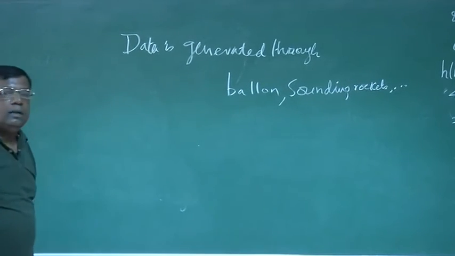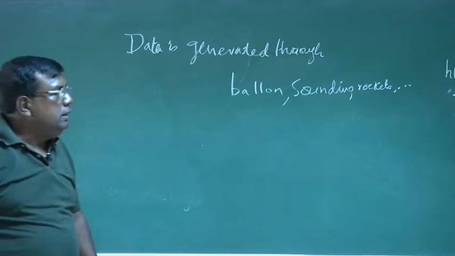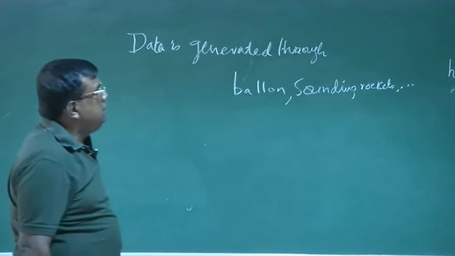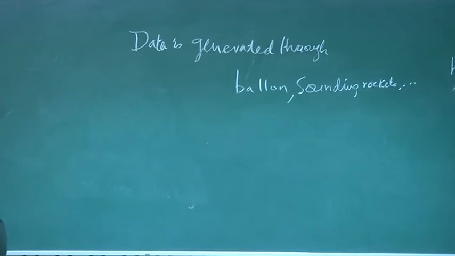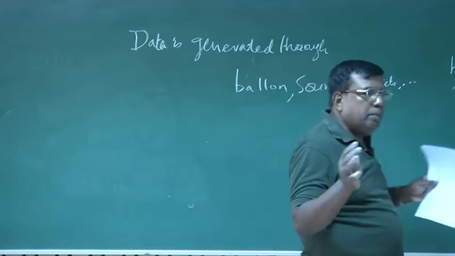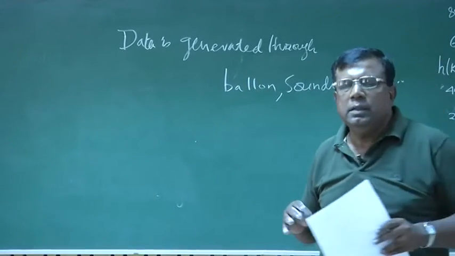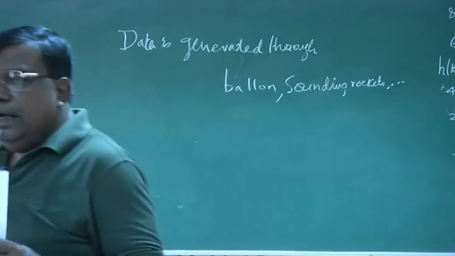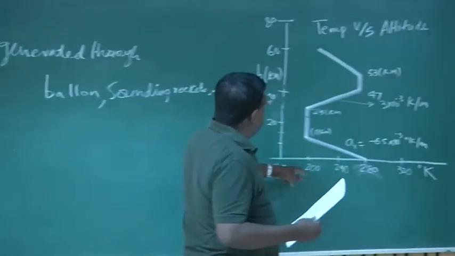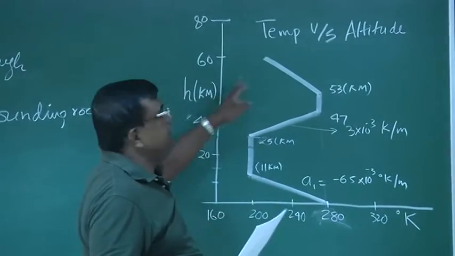What we see classically is temperature versus altitude. Typically, if you take the average values of most of the relevant parts, you will find the temperature will vary with altitude like this.